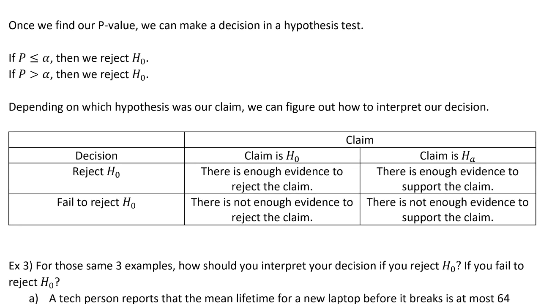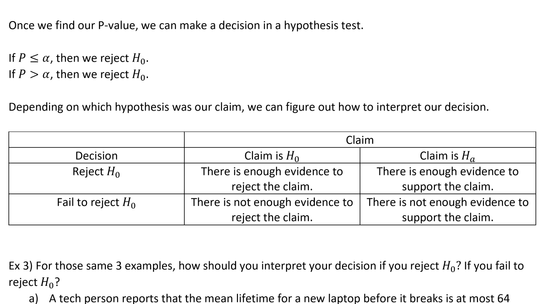All right, last part of this. Once we find our p-value, that p-value is going to let us make a decision in the hypothesis test. So if p is less than or equal to alpha, which, remember, alpha is just our probability of making a type 1 error, but we just call it the level of significance.